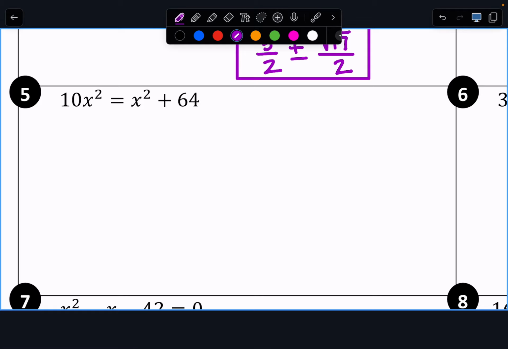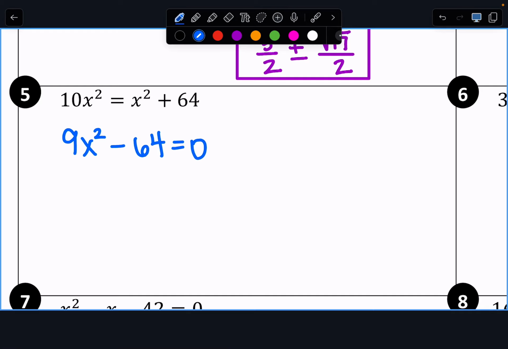Should I move to the left or to the right? My suggestion would be to move to the left so that the x squared coefficient remains positive. We don't want the coefficient of x squared to be negative if we're going to try to factor.